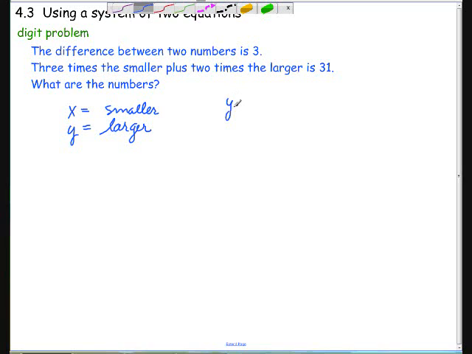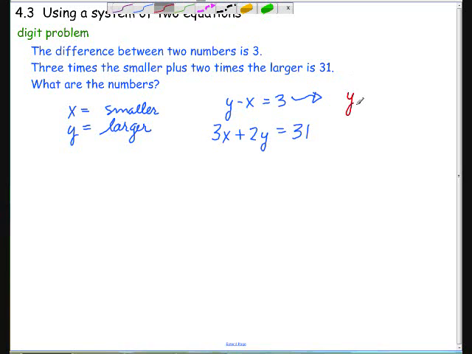I say y, the larger one, minus x, the smaller one, equals 3. The other sentence here, 3 times the smaller, so that's going to be 3 times x, plus 2 times the larger, is, and we know we always write is as an equal sign, 31.